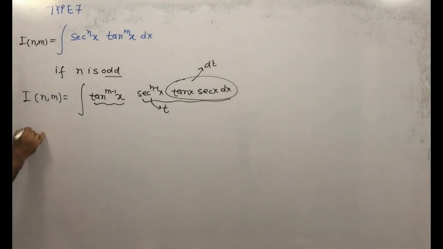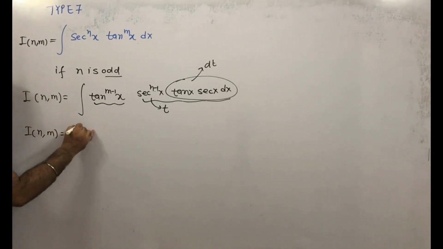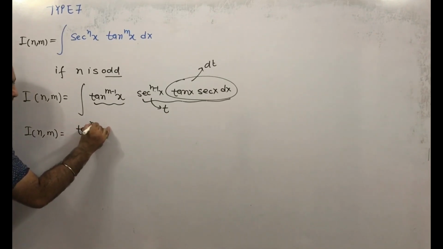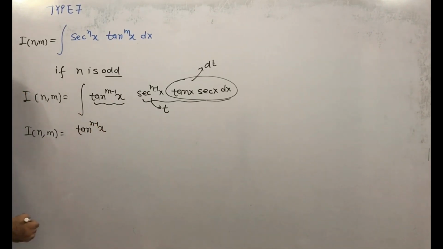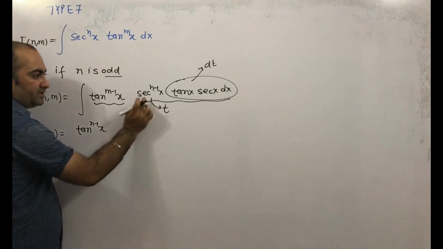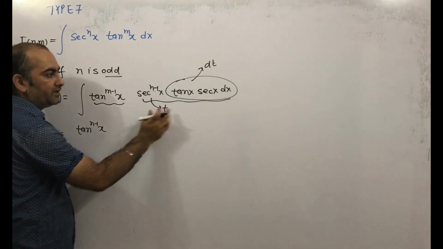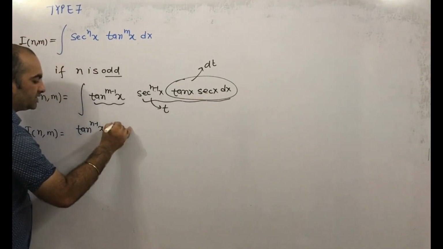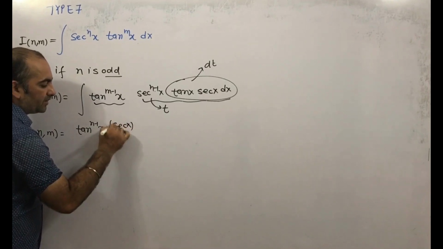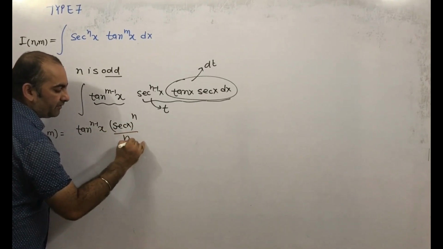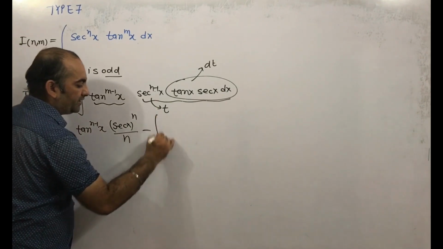So what will come here? I(n, m) equals tan^(m-1) x as it is, times the integration of the other part. Since sec x is t, this is dt, so sec^n x divided by n will come, minus the big integration.